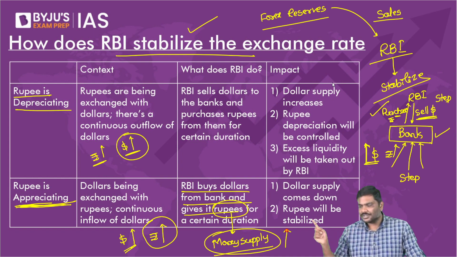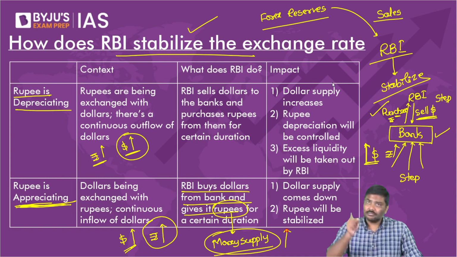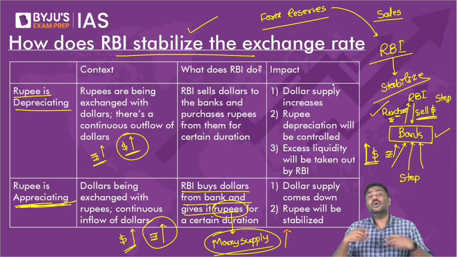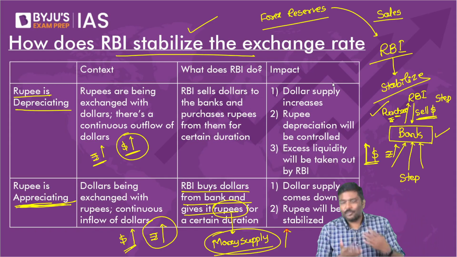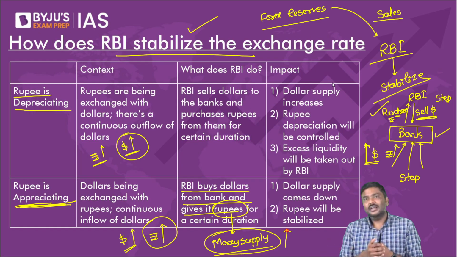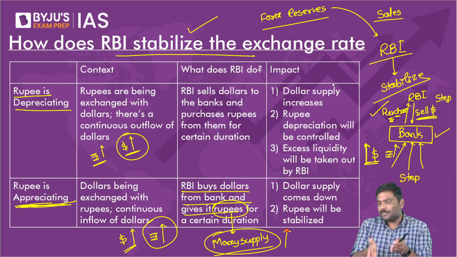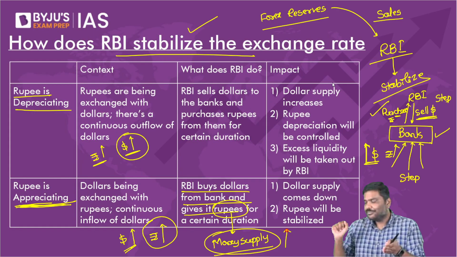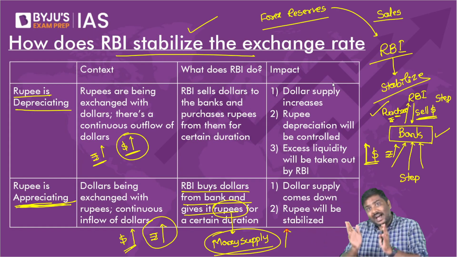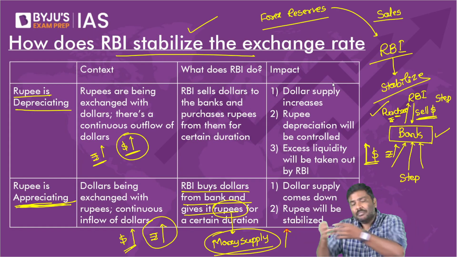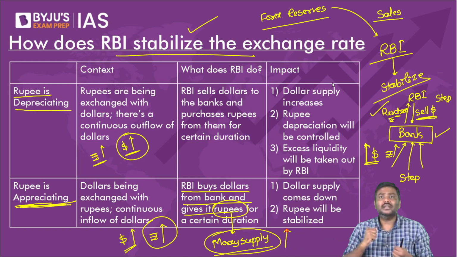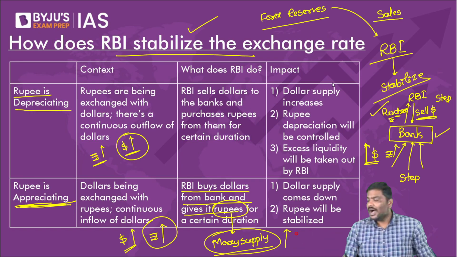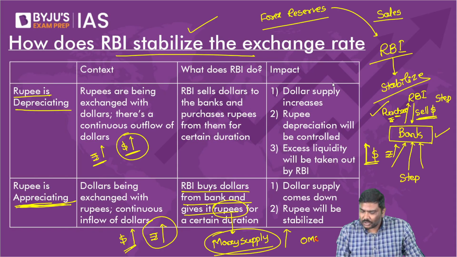If rupee supply increases, is there a danger of inflation? Start connecting the dots. Yes. Now, what does RBI do? So, this is a dilemma for RBI. On one side, RBI is supposed to stabilize exchange rate. So, to stabilize exchange rate, RBI is selling rupees. But because RBI is selling rupees, it might lead to inflation in the market.